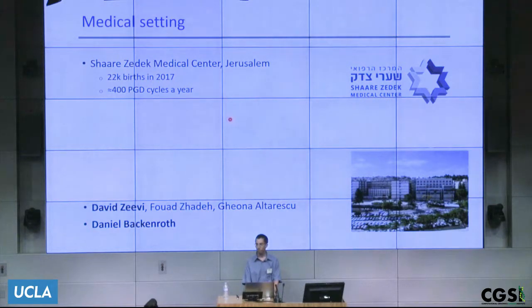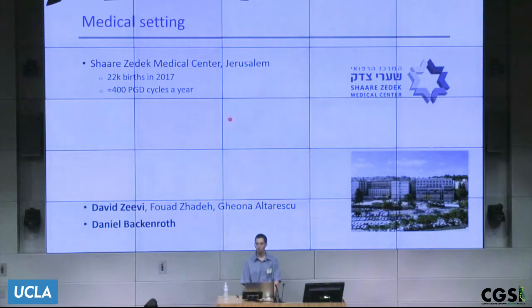And the third fact is that in Israel live a number of founder populations. Half the Jewish population in Israel is Ashkenazi, and we and others show that that's a founder population with a narrow bottleneck from about 1,000 years ago, and that led to a few tens of disease mutations of quite high frequency.